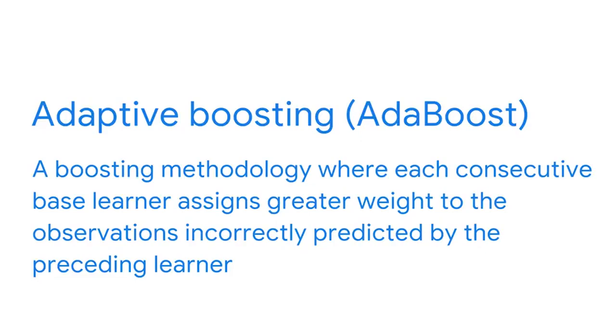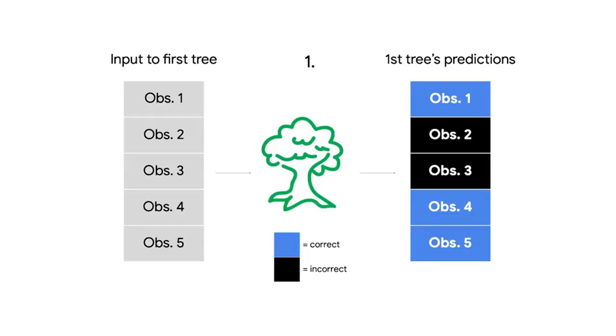The first is called adaptive boosting, or AdaBoosting. AdaBoost is a tree-based boosting methodology where each consecutive base learner assigns greater weight to the observations incorrectly predicted by the preceding learner. Here's a demonstration. AdaBoost builds its first tree on training data that gives equal weight to each observation.